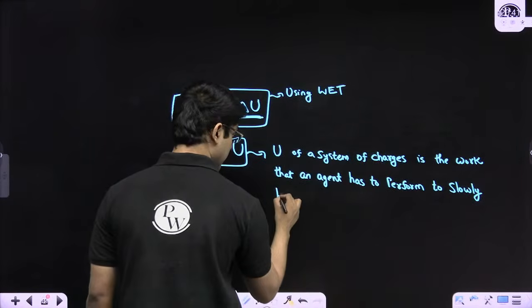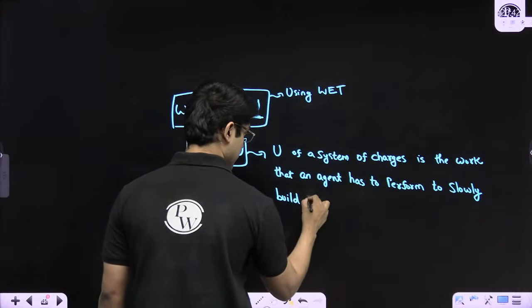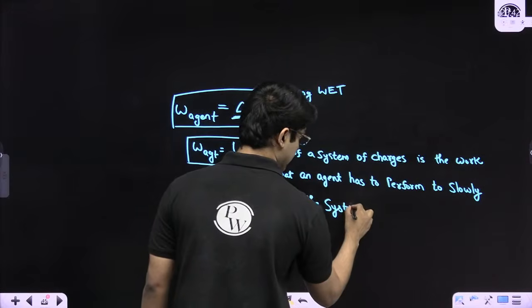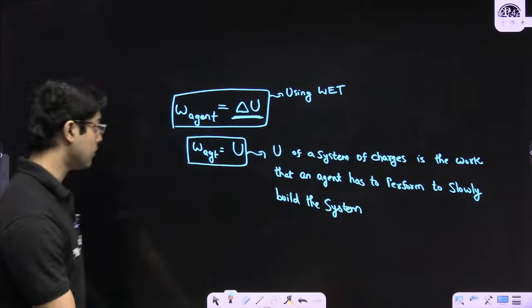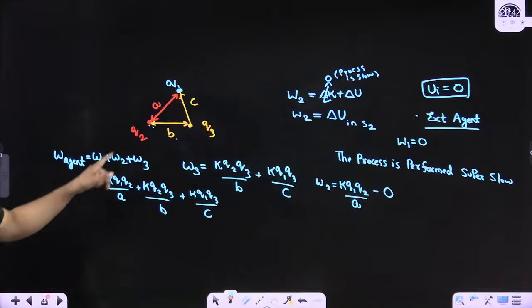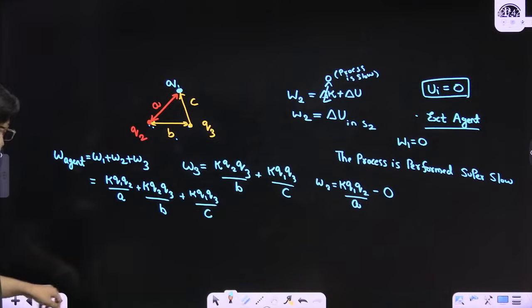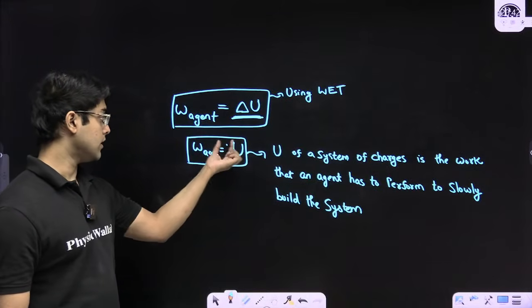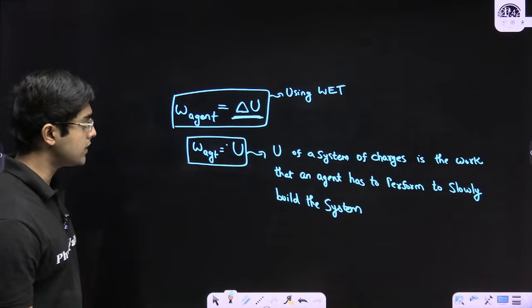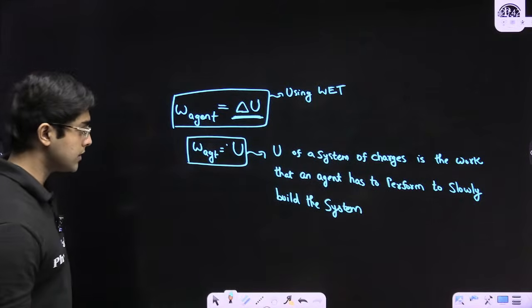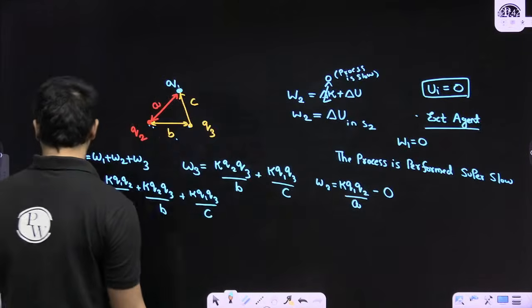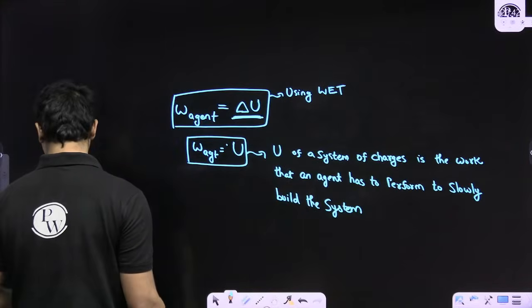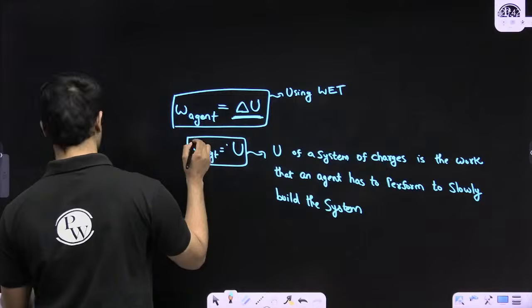Basically the external agent built the system of Q1, Q2, Q3, right? And then we learned that the potential energy of any system is the work that the agent has to do to build that system. Now we already calculated the work the agent has to do, right? So we will equate it to the potential energy.